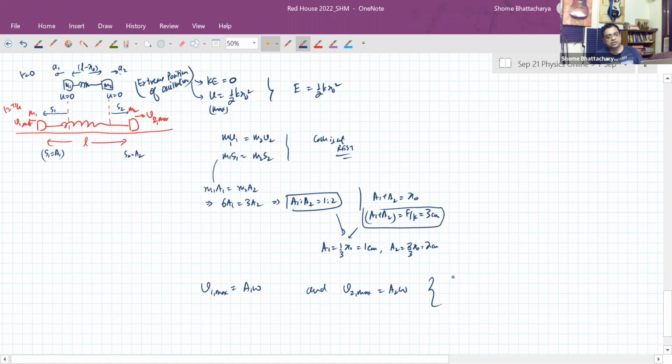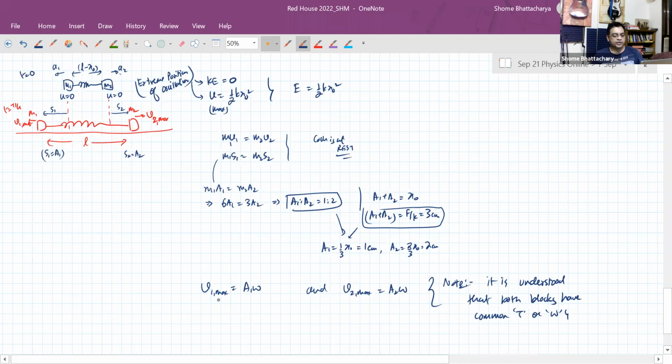But this is just using from before, I should know, it is understood that both blocks have common time period or omega. Knowing that thing. So that's also not too difficult to understand.